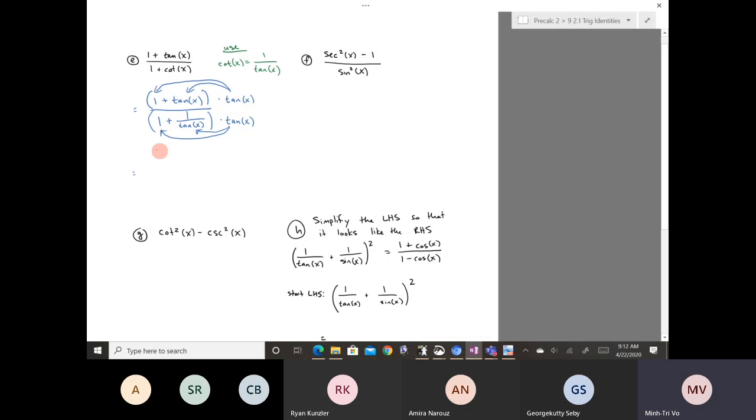So what do I get? Tangent times 1 is tangent. Tangent times tangent is tangent squared, because something times itself is just that thing squared. Tangent times 1 is tangent. And then this is tangent over tangent, so that cancels out to just 1.